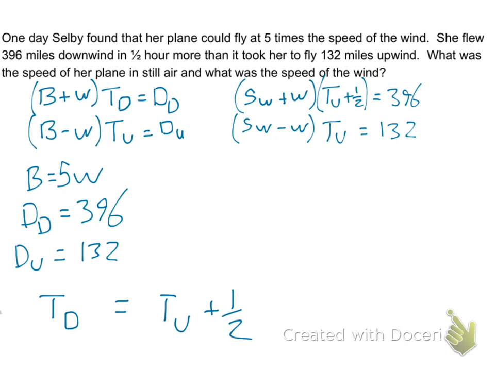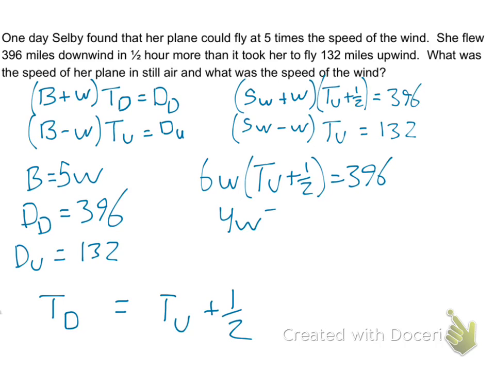I think we could simplify that, don't you think? 5W plus W is 6W times (TU plus 1/2) is 396. 5W minus W is 4W, times TU is equal to 132.